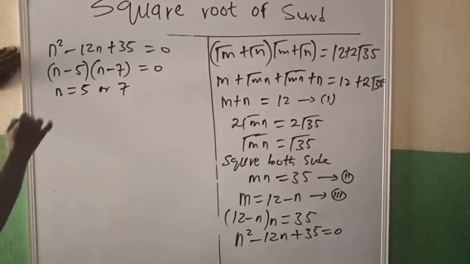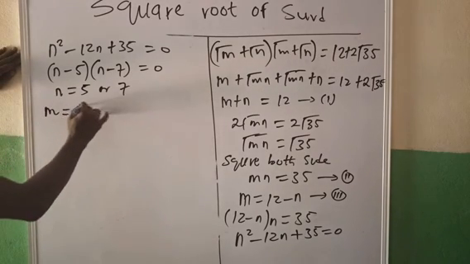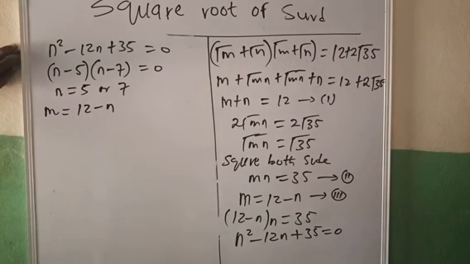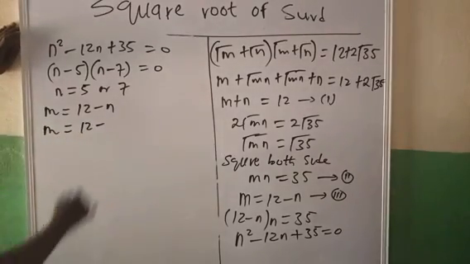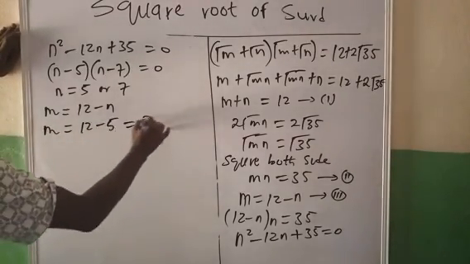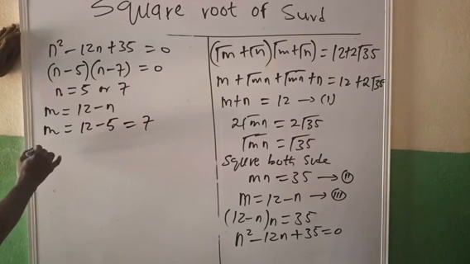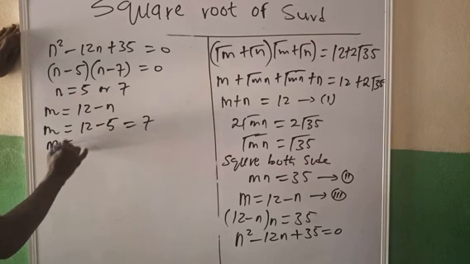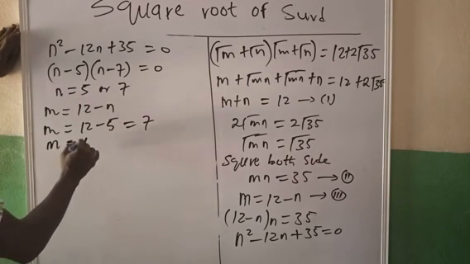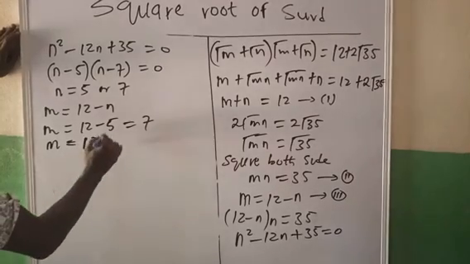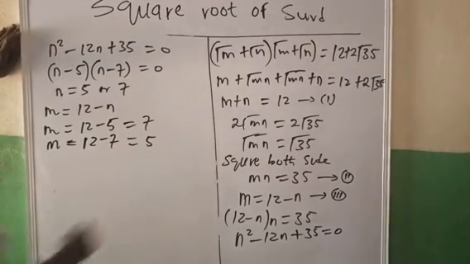But recall that your m is equal to 12 minus n. So m will be equal to 12 minus 5, which is 7, or, remember that n has 2 values, it's also 12 minus 7, which is 5.